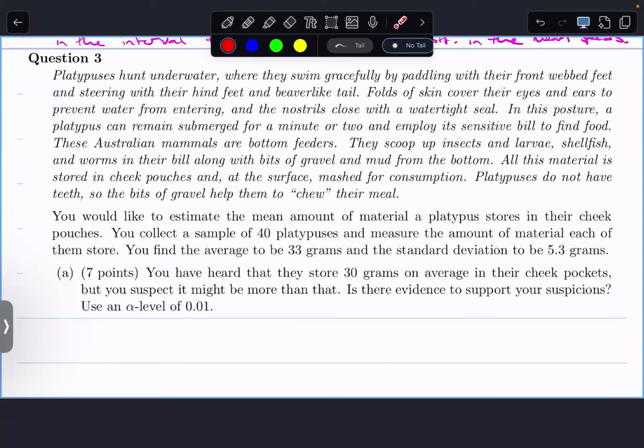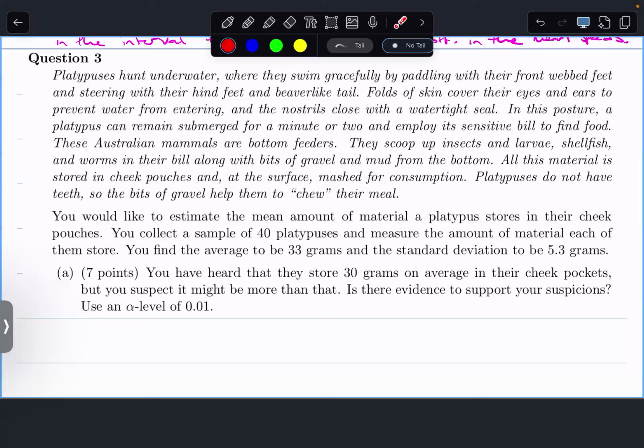They scoop things up and carry it in their cheeks, kind of funny. And then they mash it and they eat it that way. They don't have teeth, and so they use the gravel to chew the food. So they eat gravel and chew it that way.